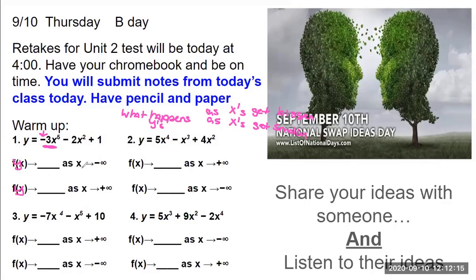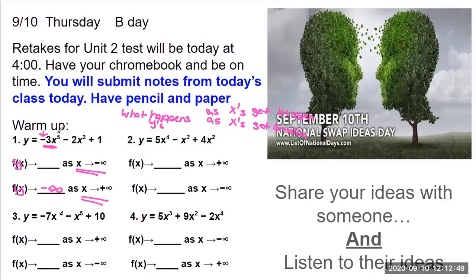We've got two choices. Either the x's are getting bigger or the x's are getting smaller. And it gives you both those choices right here. So which one does it tell us? It's going down when the x's are getting smaller or when the x's are getting bigger? When the x's are getting bigger. Exactly. So this is going to be negative.